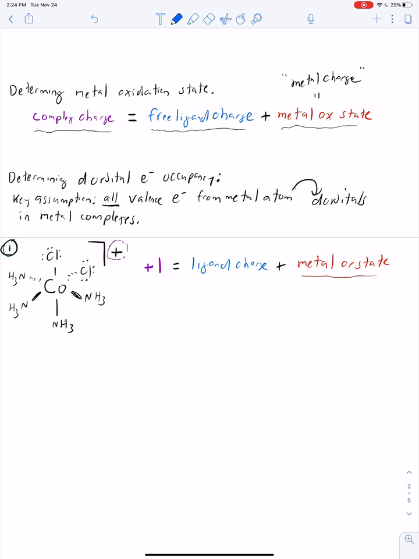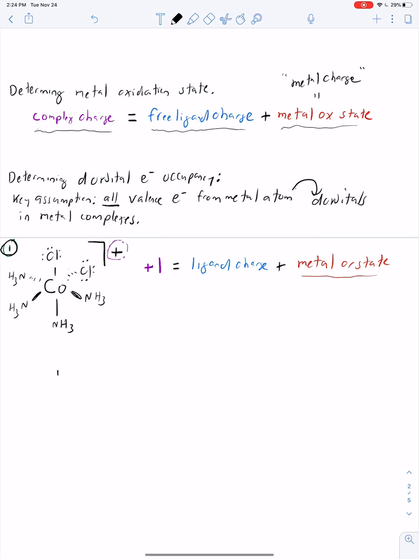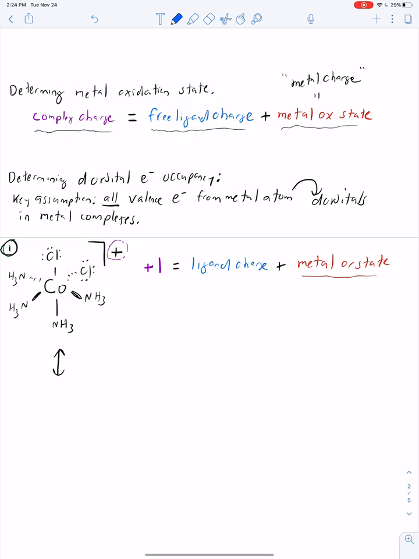When we talk about charge on the free ligands, what we're actually doing is imagining that we draw a resonance structure where we take the electrons in the metal ligand bond and give them to the ligand. So the free ligand means the ligand not attached to the metal.